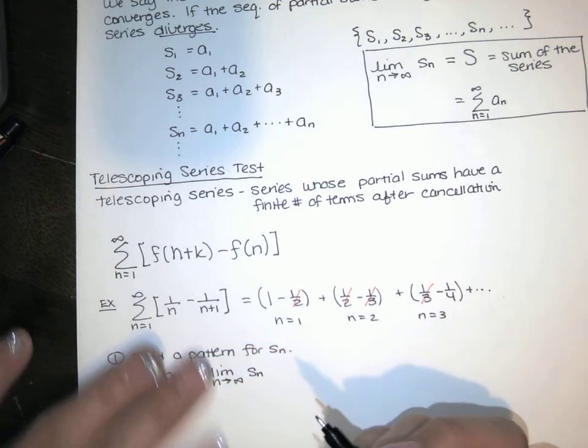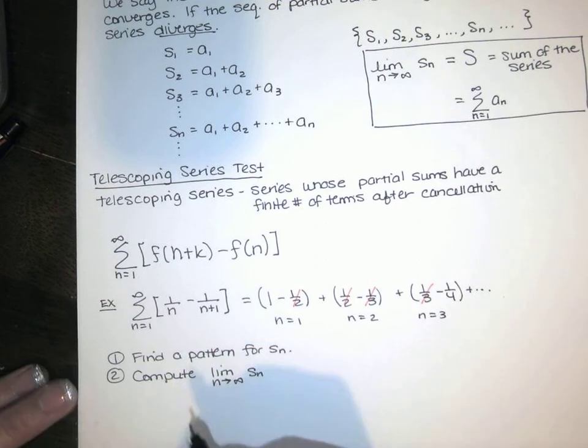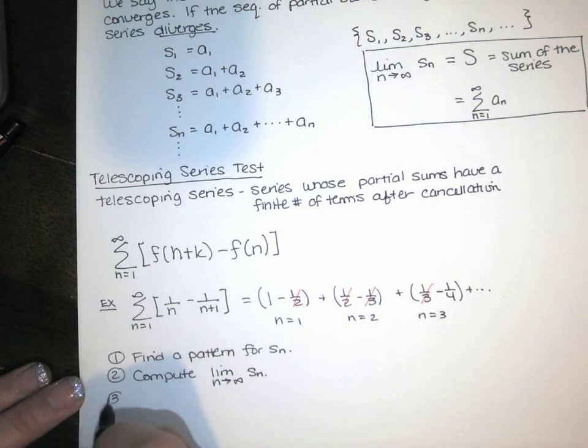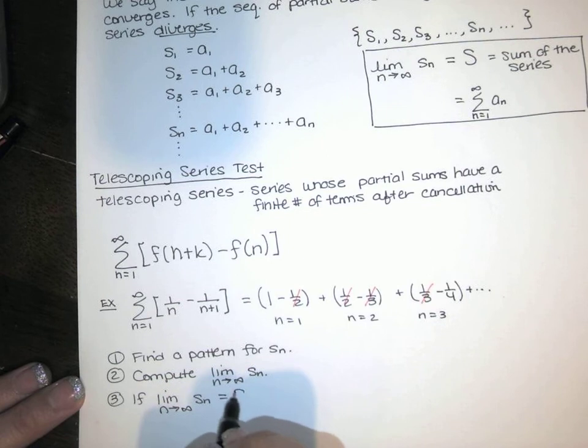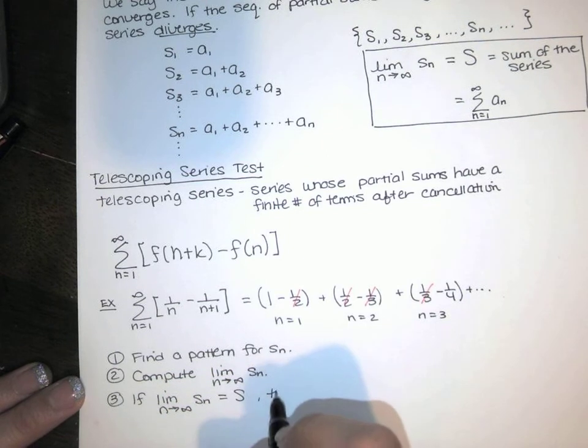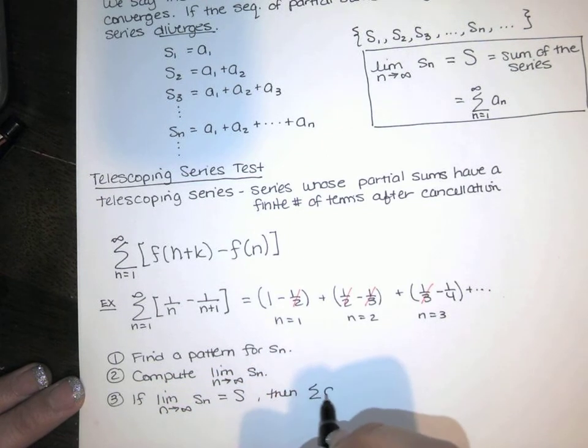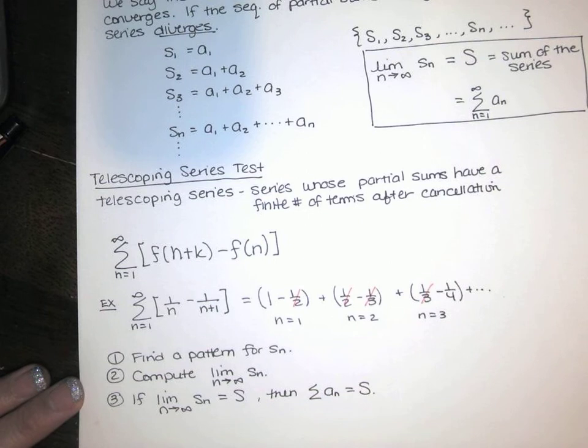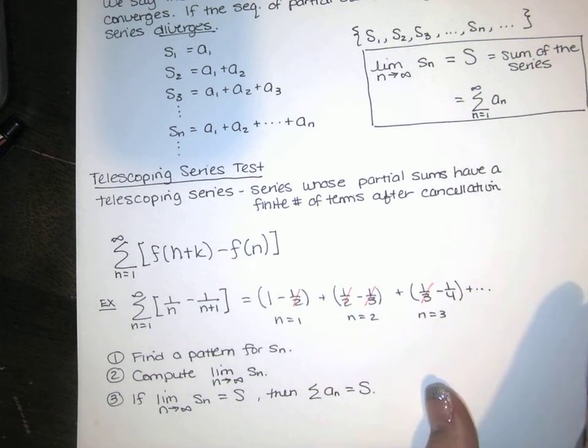So we're determining whether that sequence s sub n converges. If that limit is finite and it equals s, then we say that the series converges to s, or the series equals s, same thing. Okay, so that was the first of our tests.